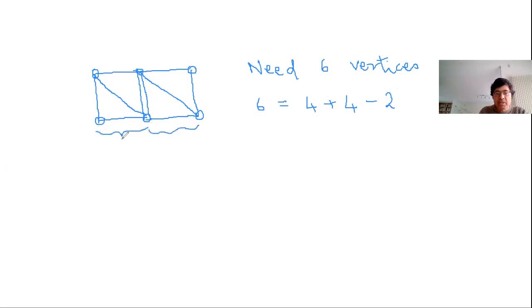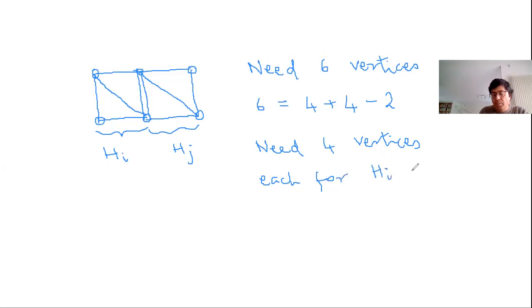So here is hi, here is hj. So we need 4 vertices each for hi and hj. Each of them has 4 vertices and 5 edges. hi is just a square with one of its diagonals present, so it has 4 vertices. And so we need 4 vertices for hi, 4 for hj, but 2 are common in h prime.